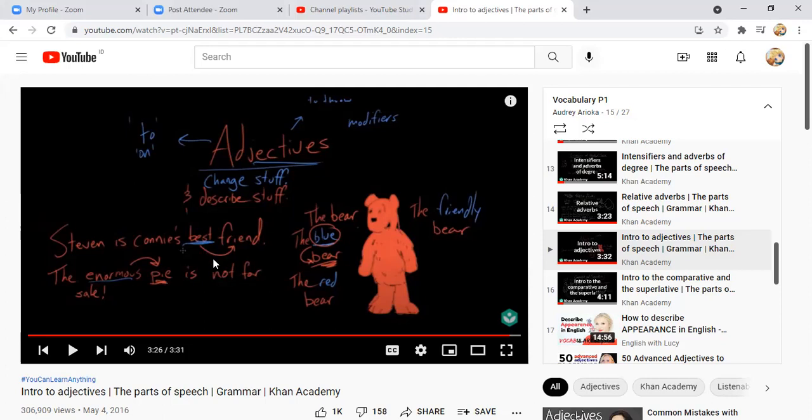Jadi kalau adjective itu boleh dihilangkan, tapi apabila kalian ingin menerangkan sesuatu dengan lebih detail, make your sentence have more flowery sense or variety. Jadinya ada variasinya gitu ya. You can use the adjective just like that.